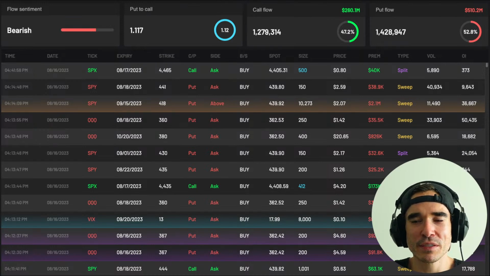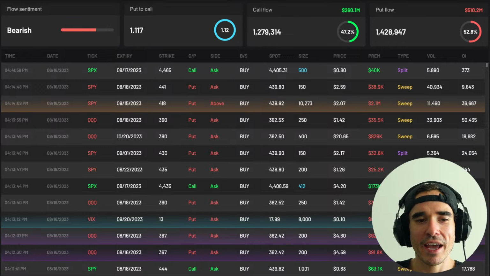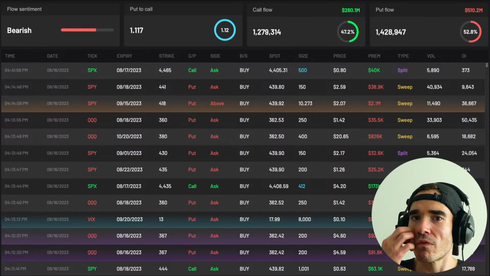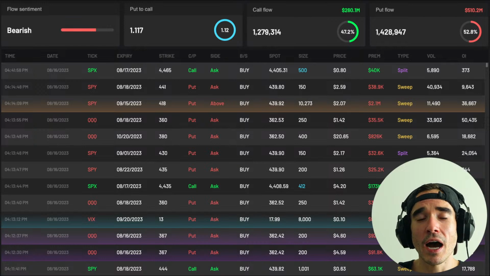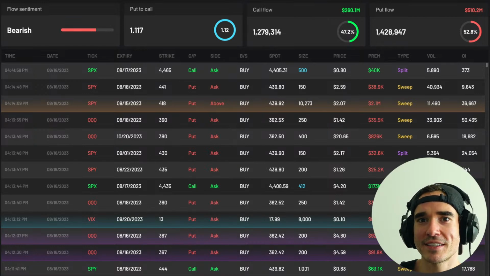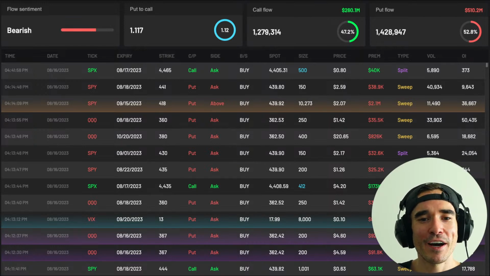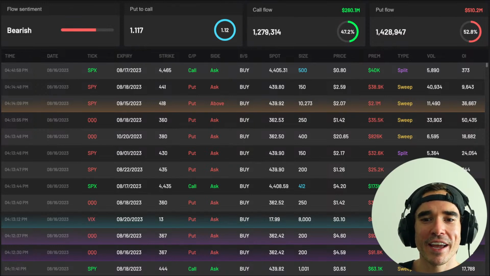Because until this bar is green and super green, you have to have a really strong reason to buy calls. If this bar is all the way up here and it's super green, buy calls all day long. That's exactly what you should do. Go with the smart money. Go with the insiders. They have the best info.